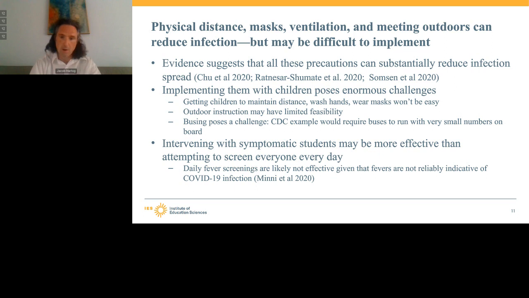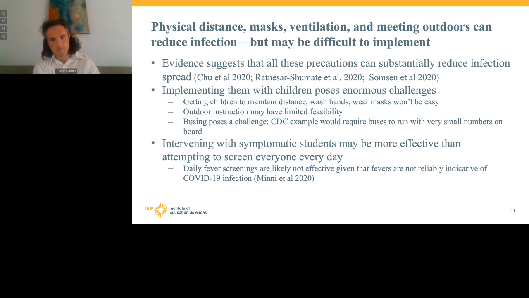But as mentioned, these are all potentially difficult to implement within a school setting, which we heard from a number of interviews with stakeholders. I'm going to turn it over to Danielle now, and she's going to speak more about some of these challenges and strategies we heard about in trying to implement these in a school setting.